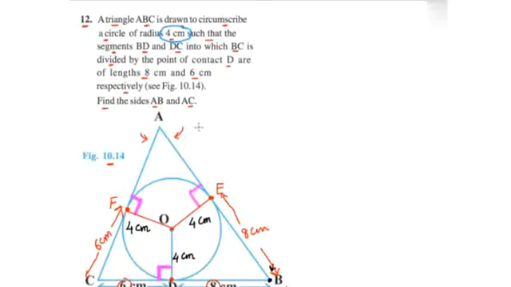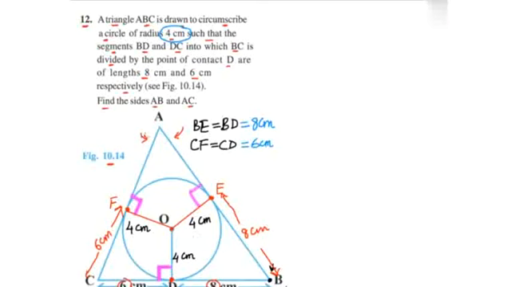Let's write these observations: BE is equal to BD, and CF is equal to CD, because tangents drawn from an external point to a circle have equal lengths. So BE equals BD equals 8 centimeters, and CF equals CD equals 6 centimeters.